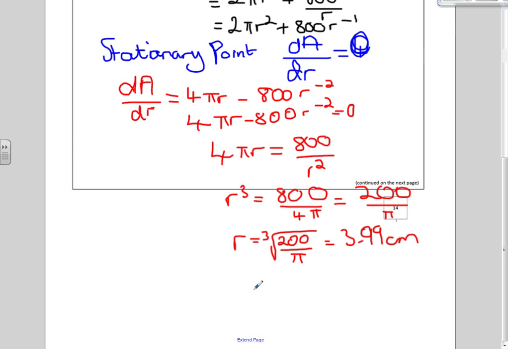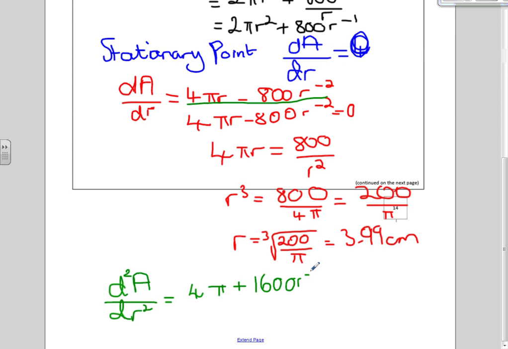Now we need to determine whether this is a maximum or a minimum. So we need to do d2A by dr squared. We differentiate this part again, so we'd be left with 4 pi plus 1600 r to the minus 3.